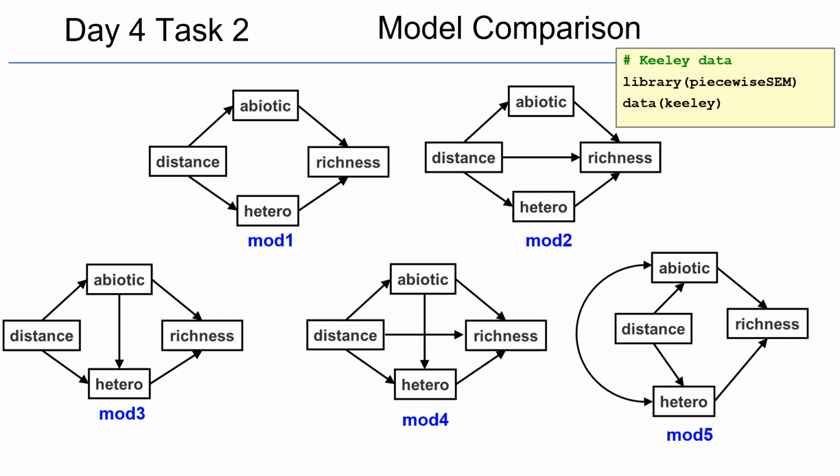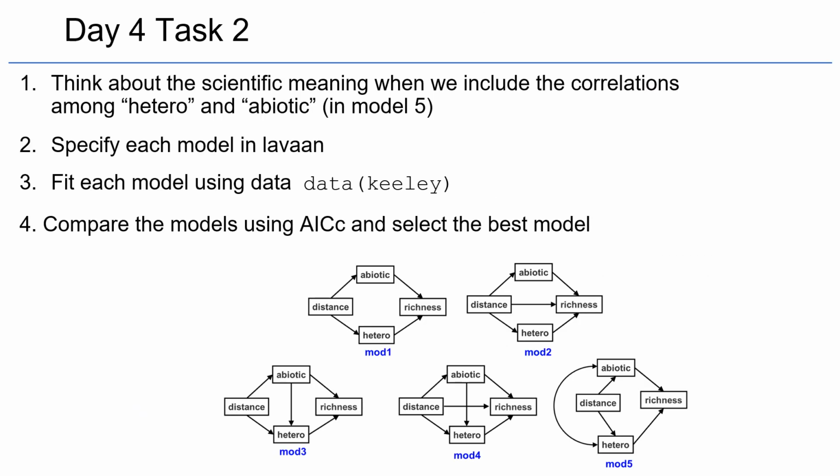Please note that in model 5 you have the correlation between abiotic conditions and plot heterogeneity. Your tasks are, first, to think what it means to have this correlation in model 5. What is the scientific meaning behind such a correlation in our system?